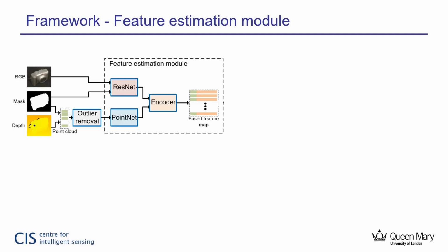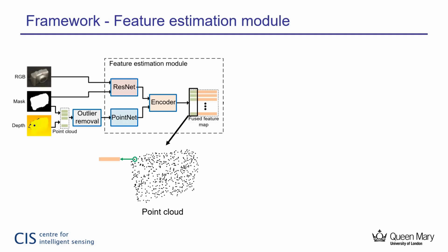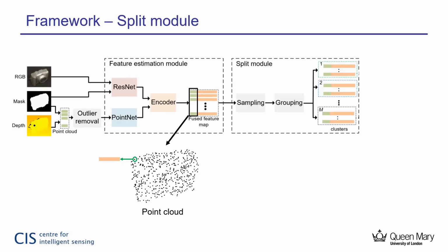The feature map contains points' XYZ coordinates and features. The points' XYZ coordinates are indexed to their corresponding features. In order to make full use of the local information of the target object, we use the split module to separate the target object into different clusters and predict keypoints from clusters.